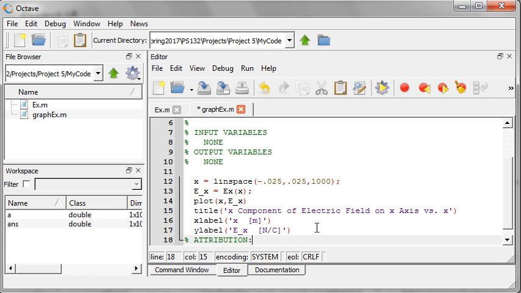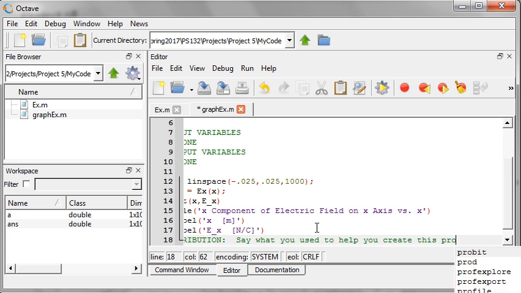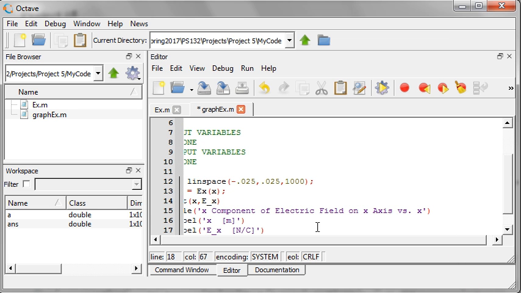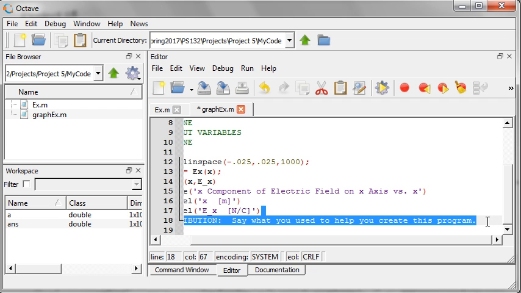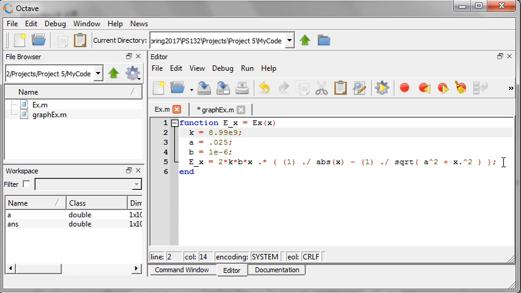I did say that you have to provide the attribution in every subroutine, so you really have to include it in every subroutine to get credit for the documentation and finishing touches.